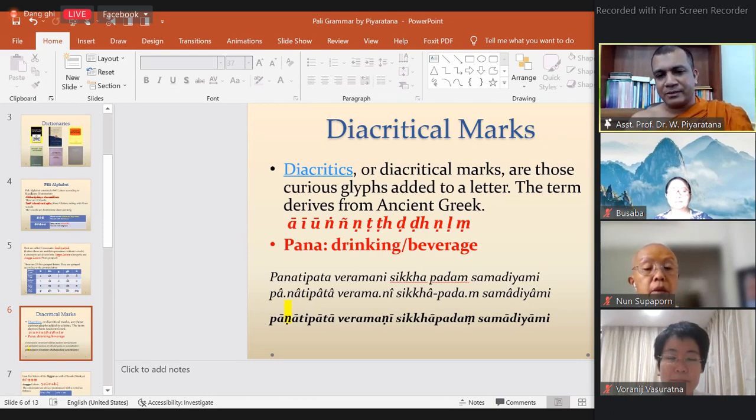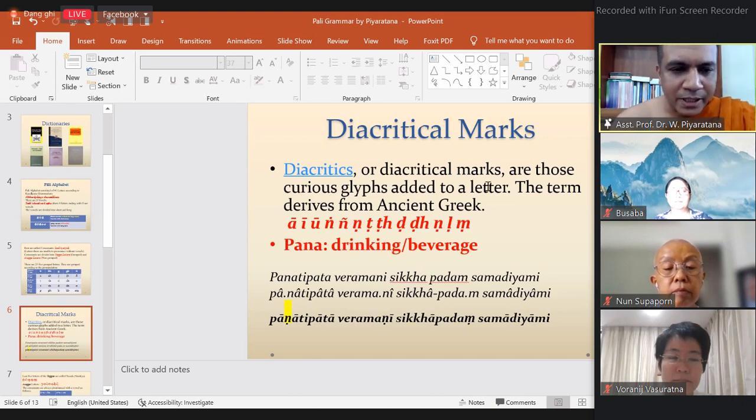So it is easy to recognize this term is not English but Pali. If you don't concern yourself with diacritical marks, of course, pana has a different meaning.